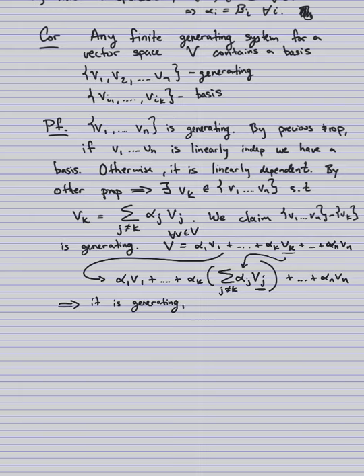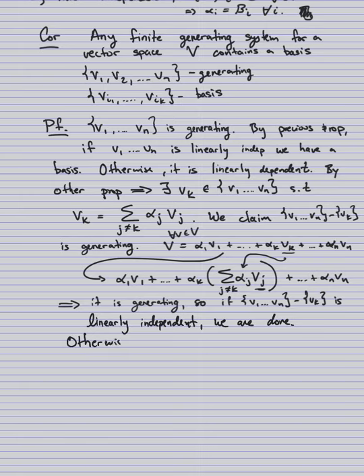And if v1 up through v sub n minus v sub k is linearly independent, we are done. So otherwise, rinse and repeat.